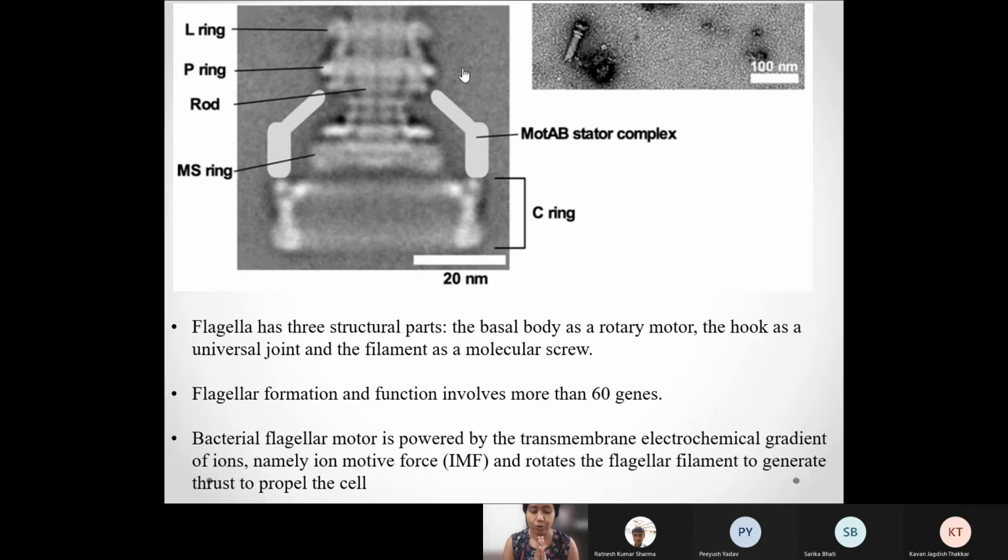In a light microscope, what you can do at maximum is use a fluorescent stain, use good quality imaging to see a flagellum. But mostly, even to see the flagella, we generally go to the electron microscope. And if you have to go into the components of a flagellum, then definitely electron microscopy is the only way out, because light microscopy will simply not be able to give you the resolution, because of the wavelength problem. All right.